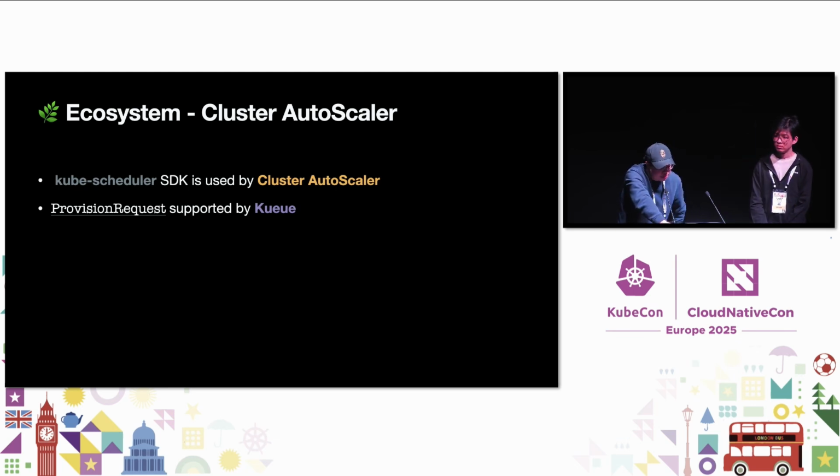In other words, whether the scheduler you choose is compatible with the kube-scheduler SDK really matters. For example, take DRA as an example, which was introduced in 1.32. By the time I prepared the slides, YuniKorn and Volcano didn't support that yet. But for Kueue, because it's not a pod scheduler, it leverages the default scheduler, so basically it supports DRA.